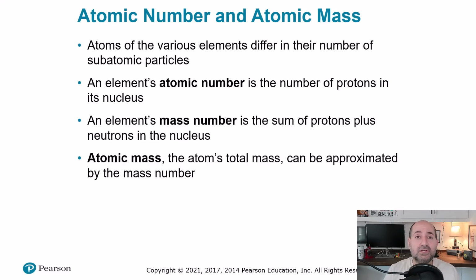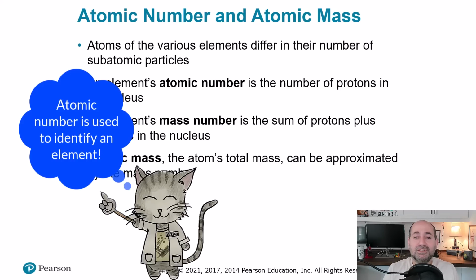Carbon can have strange numbers of neutrons and still be carbon. Carbon can have strange numbers of electrons and still be carbon. But carbon cannot have anything other than 6 protons and be carbon. This is why we know that the atomic number is the number that's used to identify an element. I hope that makes sense.